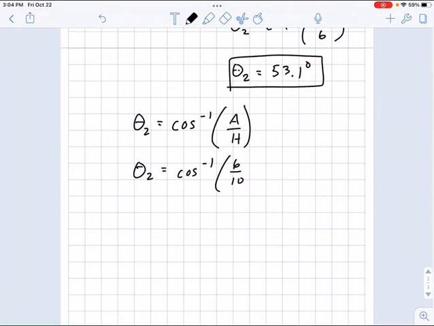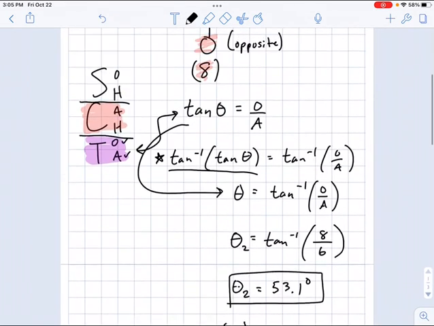So 6 over 10. And then if we say inverse cosine of 6 over 10, I'm plugging it in on my computer. We should get the exact same answer, 53.1 degrees. And sure enough, we do.